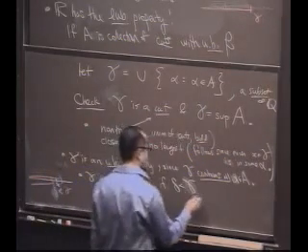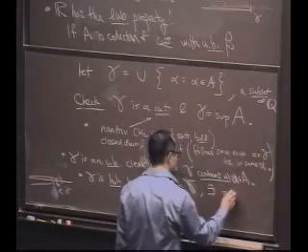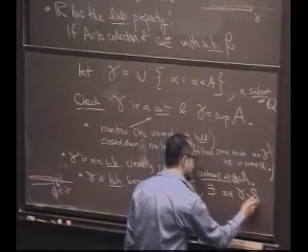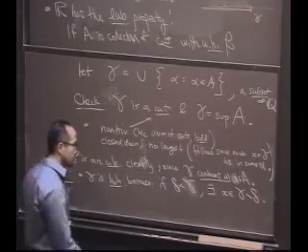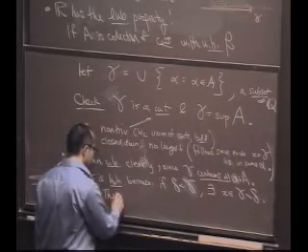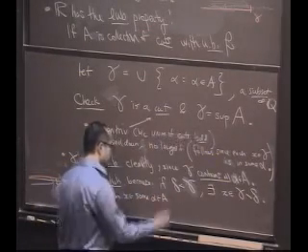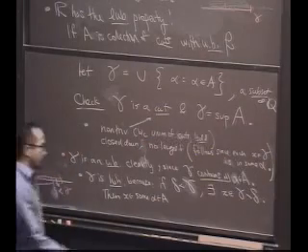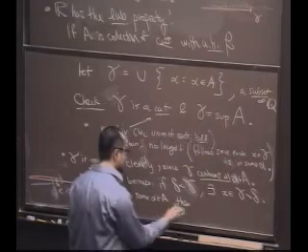If delta is less than gamma, then there exists an X that's in gamma minus delta. This is the set minus. Then X is in some alpha in A. But then, it's not in delta.